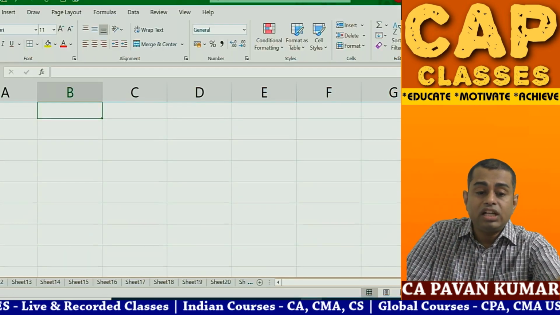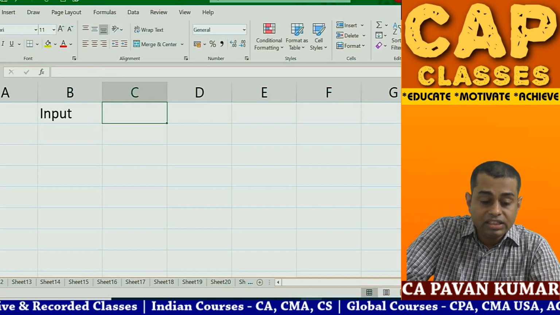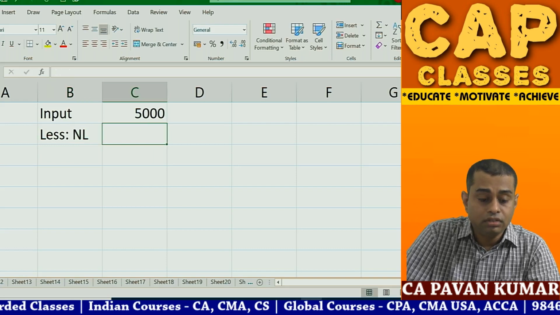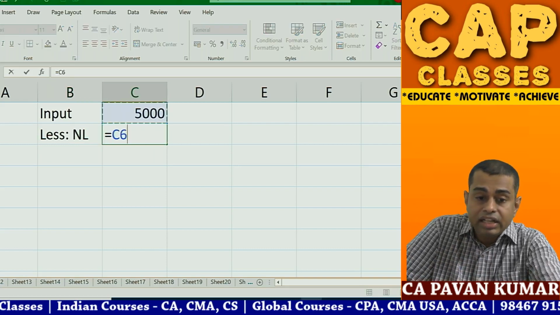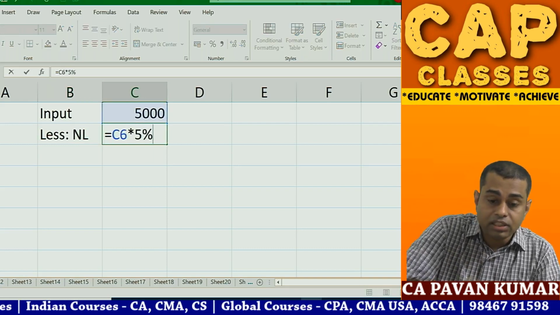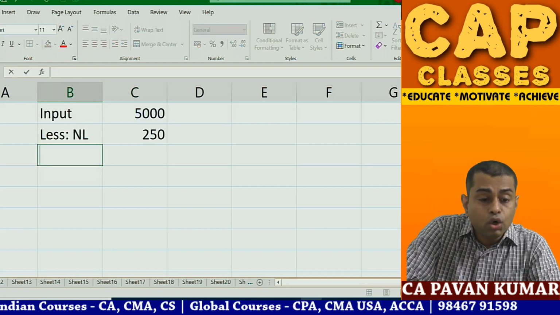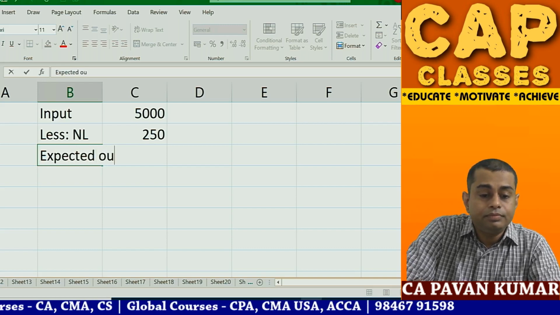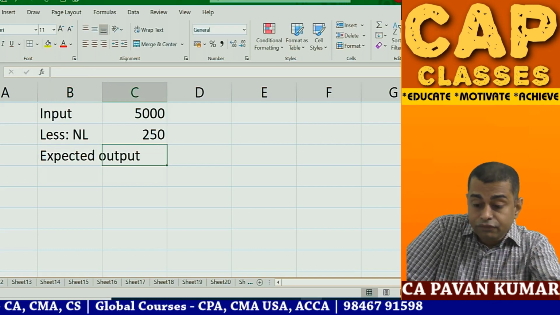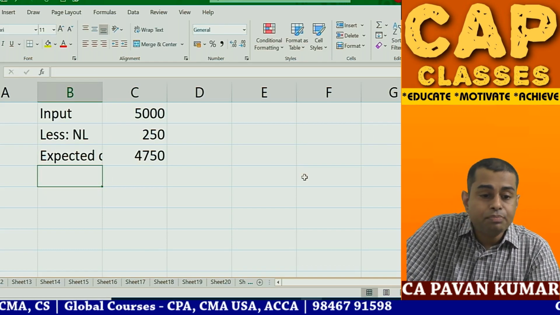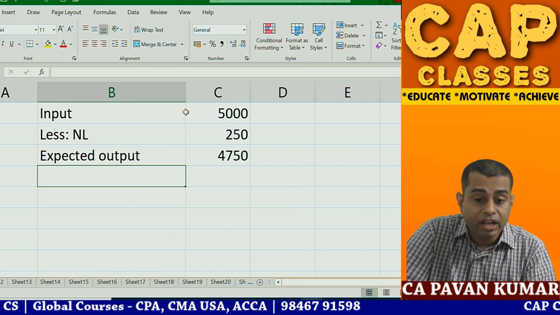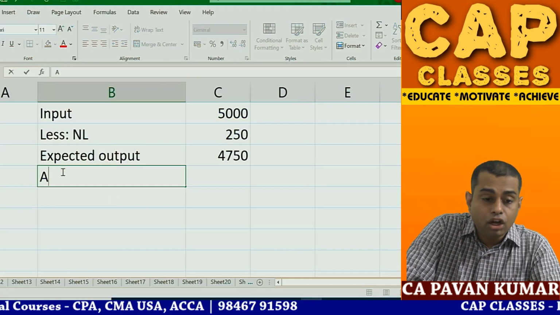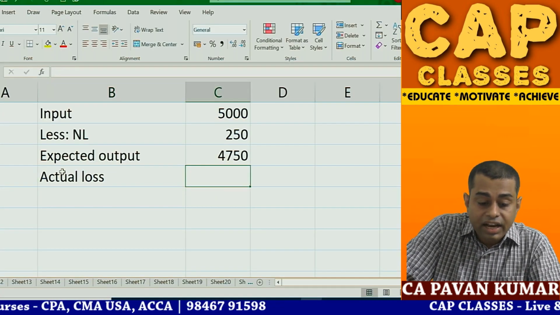So what is the input? Input is 5,000. Less normal loss 5%. So take this number into 5%. So good units or expected output is 4,750. But actual loss is 300.